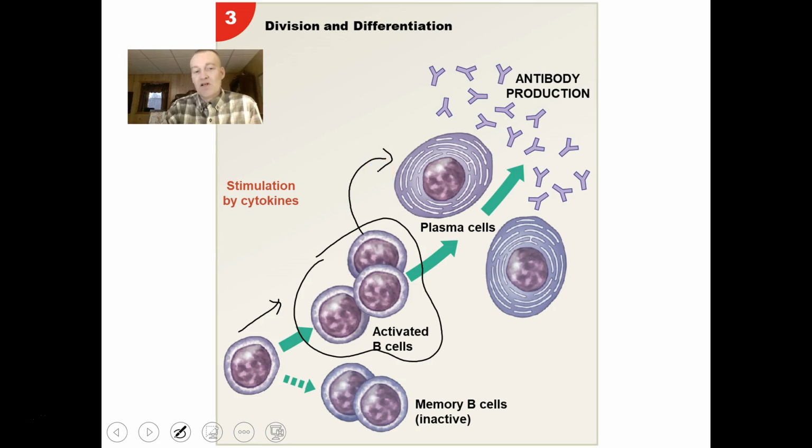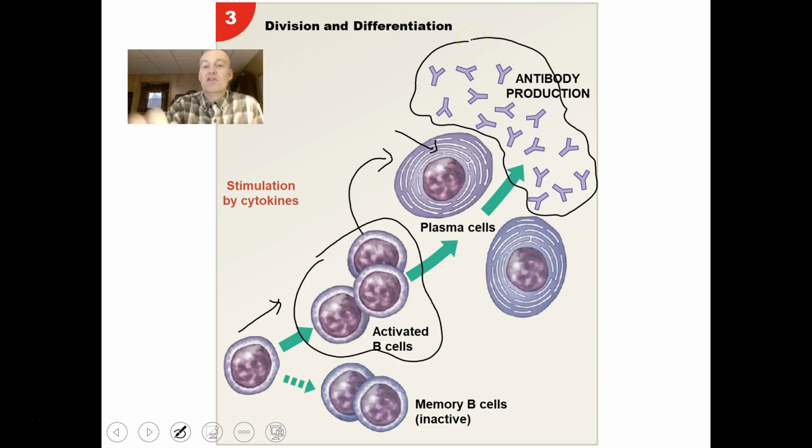Plasma cells will be the active form of the B cell. These plasma cells are going to ramp up their production of endoplasmic reticulum and Golgi apparatus so that they can pump out humongous quantities of antibodies. Those antibodies will be in the fluids of your body, the blood plasma and the interstitial fluid, or breast milk or semen.